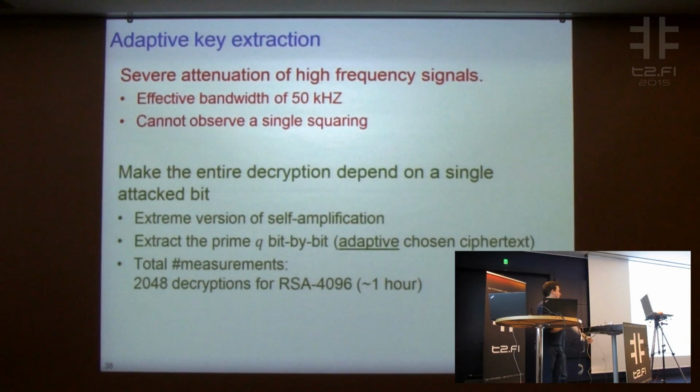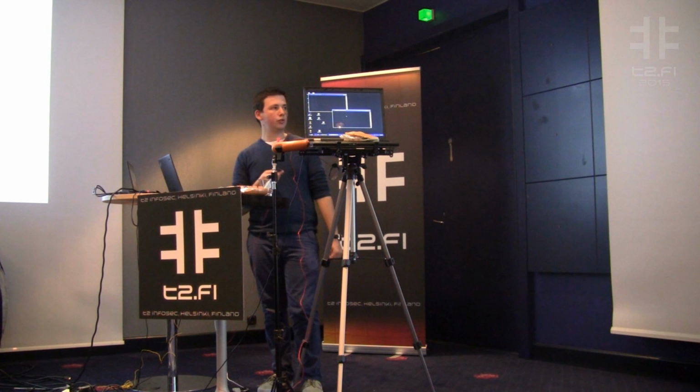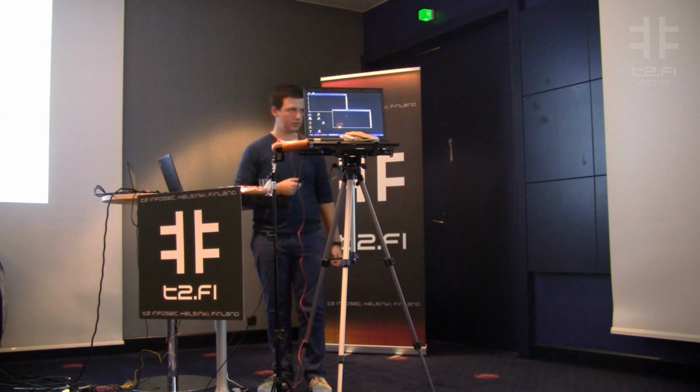So instead of applying leakage self-amplification on the single squaring operation, we're going to apply leakage self-amplification on the entire decryption, use the information from the entire decryption, and extract just a single bit of the secret key.